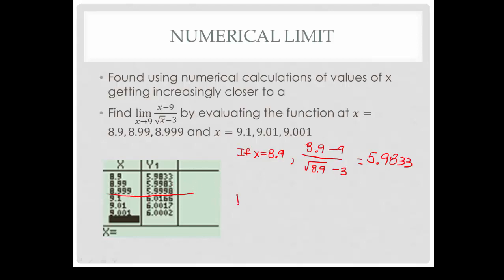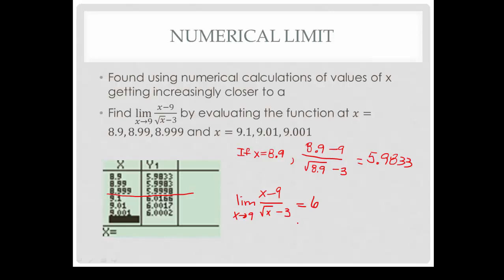So what we will say is that the limit as x approaches 9 of x minus 9 divided by the square root of x minus 3 appears to be equal to 6. Now, you're hearing me say "appears to be," and that's going to illustrate the drawback.